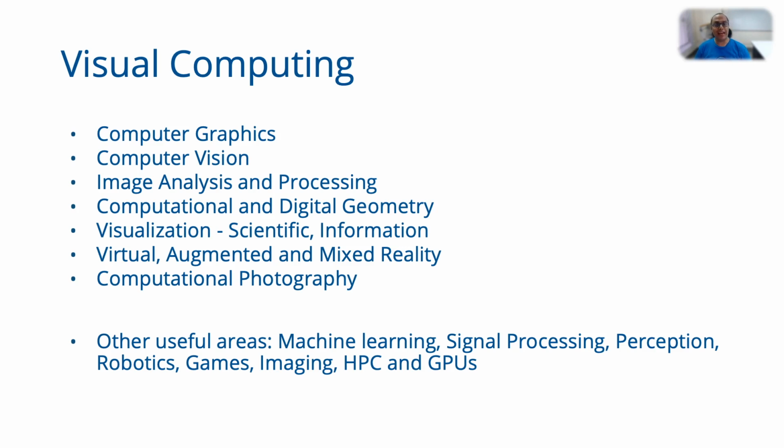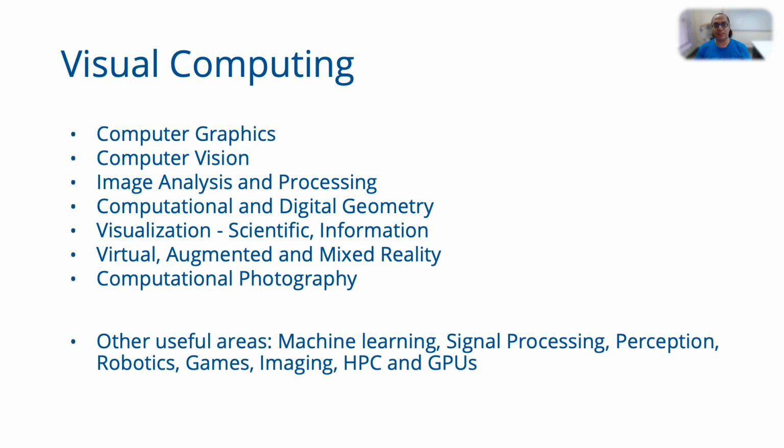There are of course allied areas which are of use to what we do in visual computing, and of course machine learning is one of these. There is signal processing, so image processing and signal processing. If you consider the image to be a 2D signal, then there is a huge amount of overlap between signal processing and image processing.